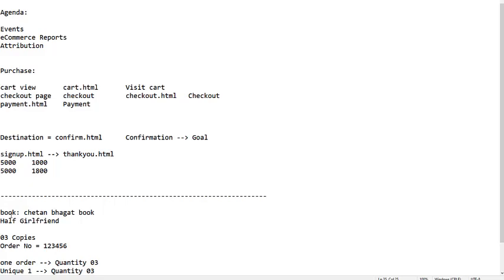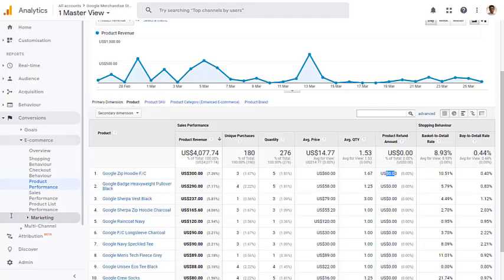Now that is what these columns are also representing. Unique purchases 3. Then you might say, okay, if the unique purchases are 3, then how can quantity be 5? That means there are some users who order multiple products, like one order, but 2 Google Zip hoodies in it. That is unique purchases and quantity.